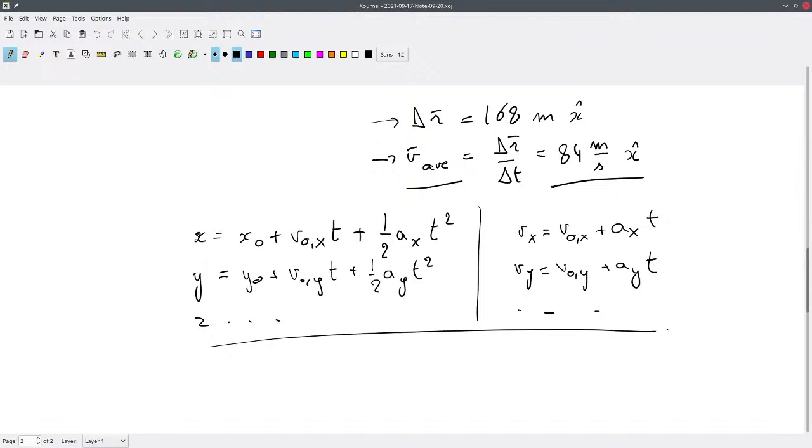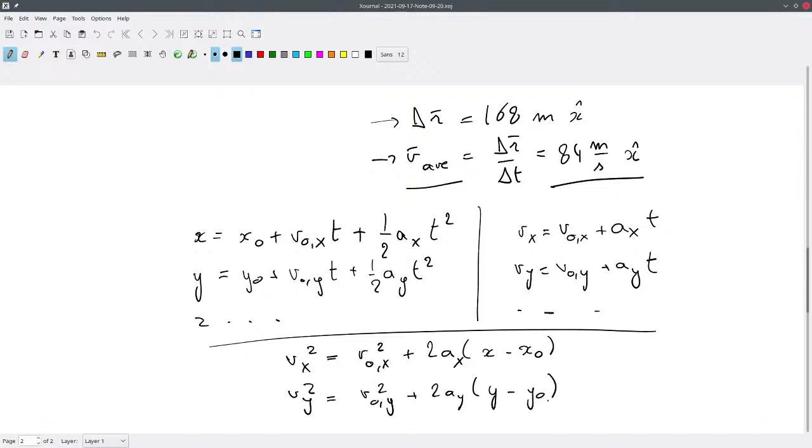And then finally, there was vx squared is v0x squared plus 2ax times x minus x0. And this is now the acceleration in the x direction. vy squared is v0y squared plus 2ay times y minus y0.